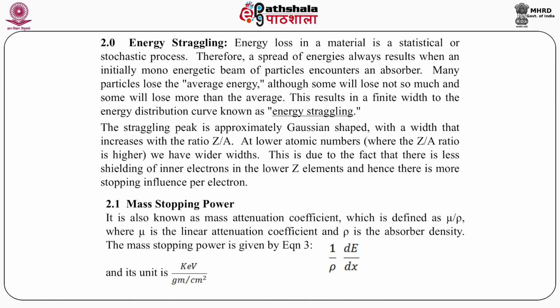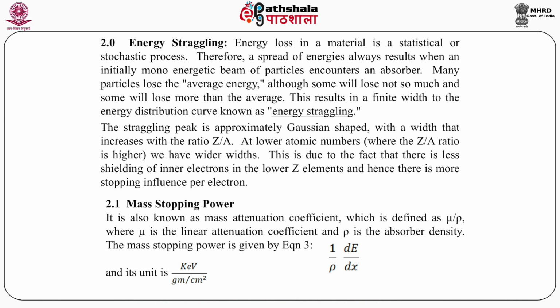Because of the scattering, energy straggling takes place. Energy loss in a material is a statistical or stochastic process. Therefore, a spread of energies always results when an initially monoenergetic beam of particles encounters an absorber.